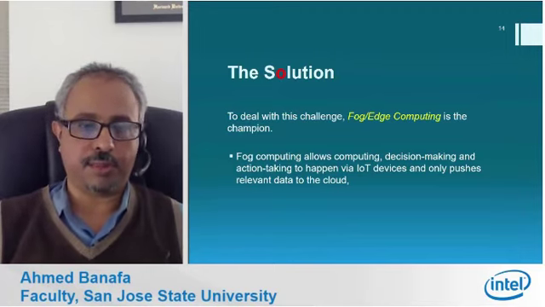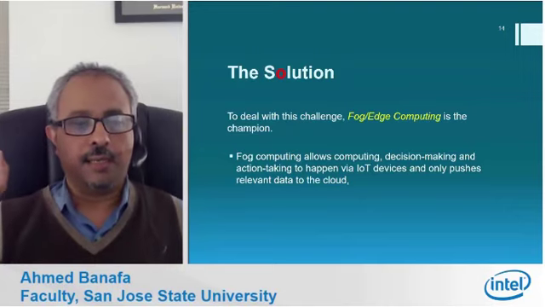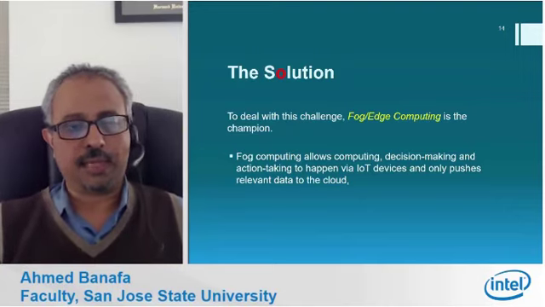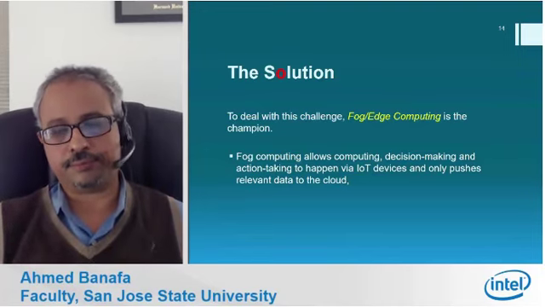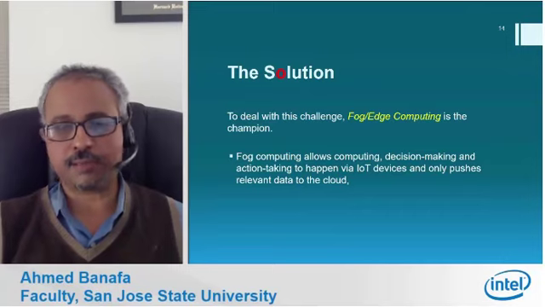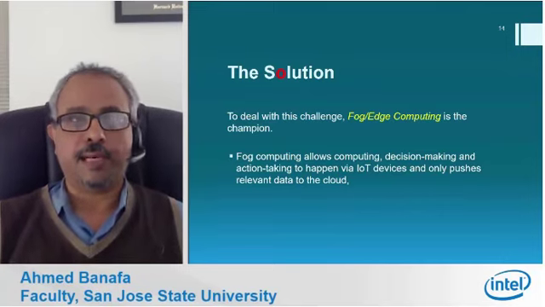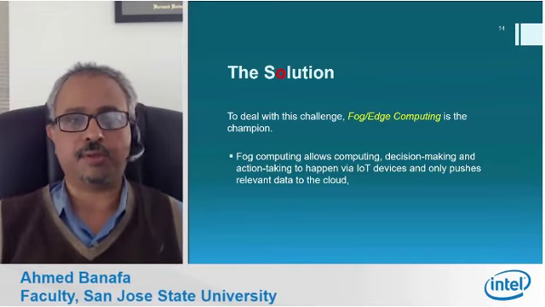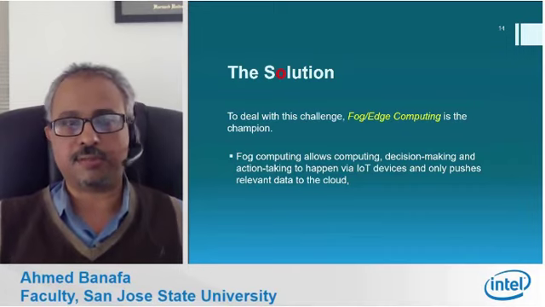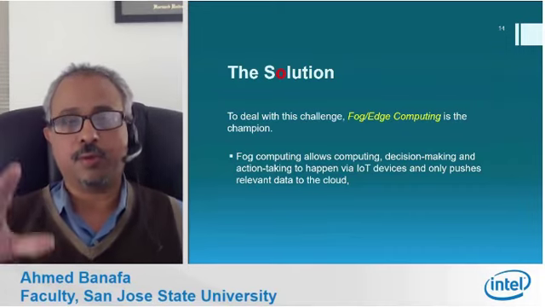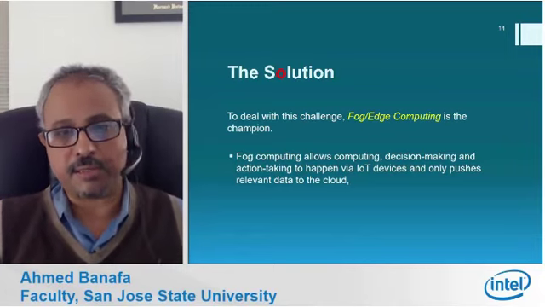So fog computing allows computing, decision-making, and action-taking to happen through the IoT devices and only pushes relevant data to the cloud. So that will help having this kind of solution here. And it makes sense that IoT needs this kind of help, because if you think about it, in order for me to expand the sensors and have sensors everywhere, and now think about it, we have 5G coming, and we have some kind of implementation of 5G.